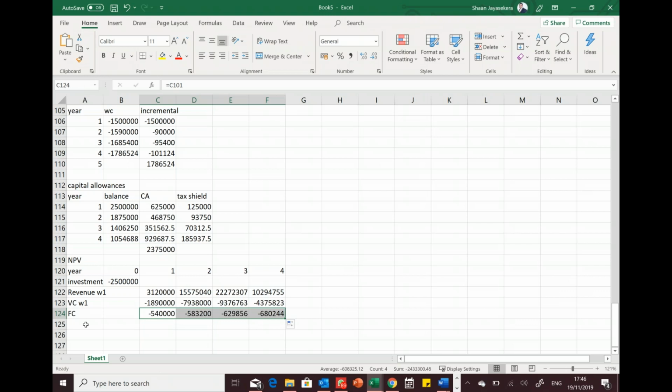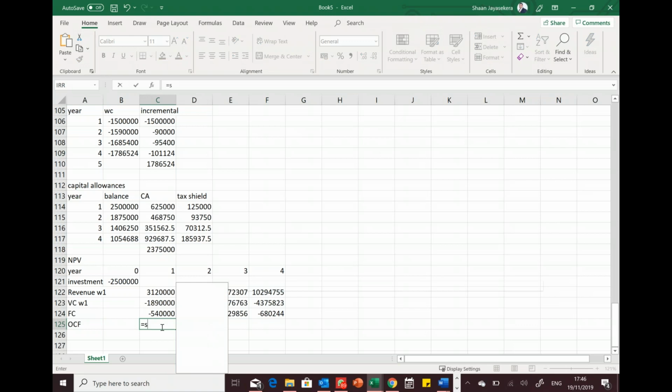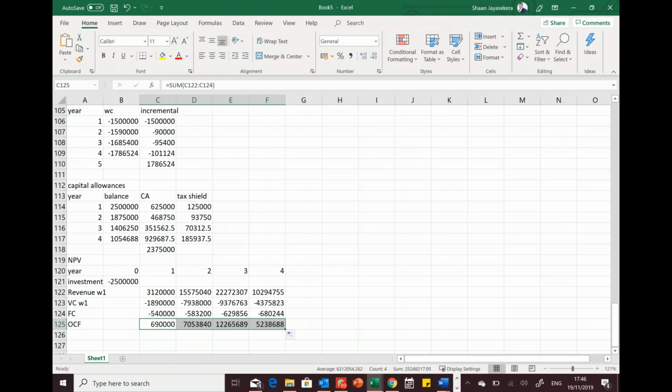Okay. Then I can work my operating cash flow. That will be, well, I can just sum all of these because I've already treated some as minuses. Remember not to minus it because then you'll be adding it actually. That's why I deliberately took it as a minus. That's that. Then tax on the cash flow.